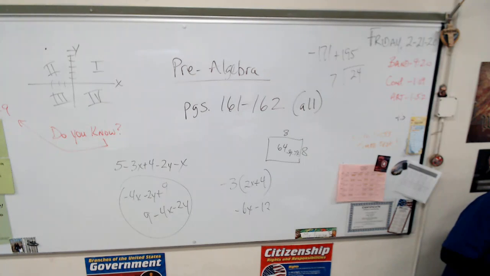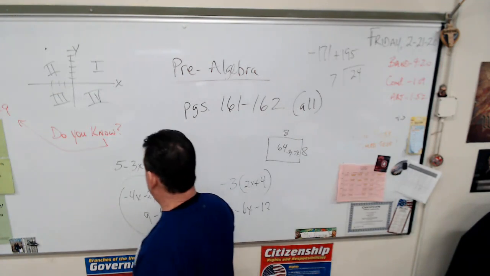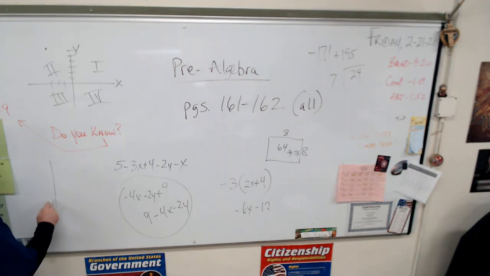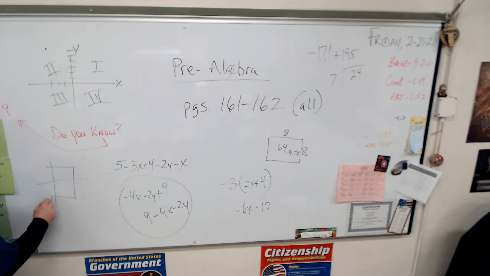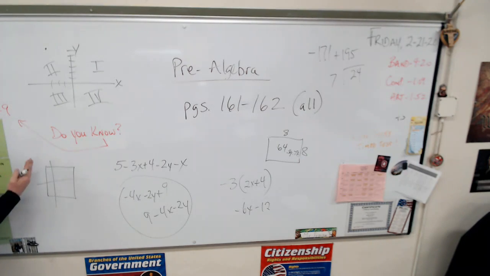Number 22. You were supposed to make a graph yourself, plotting the points A, B, C, and D, and it should have formed a rectangle. Because I'm running out of time, if you made an axis, your rectangle should look something like that, just to the left of the y-axis.